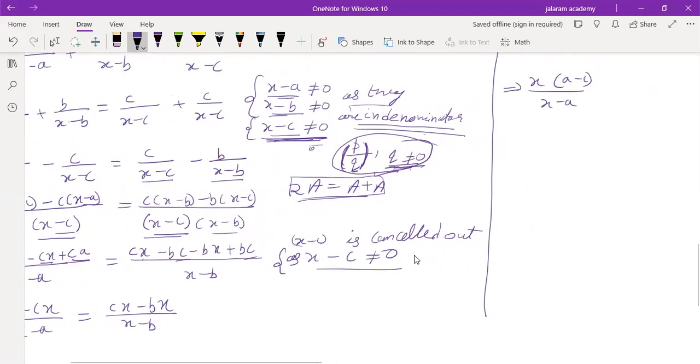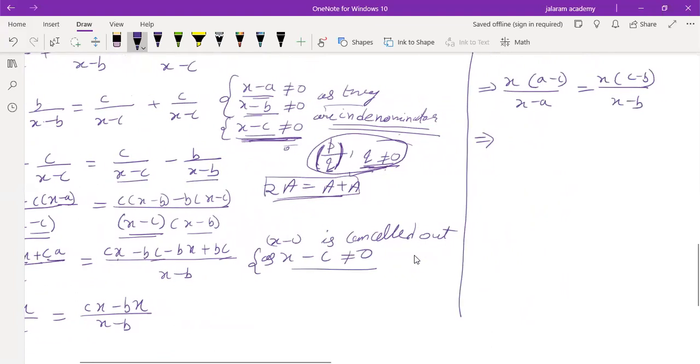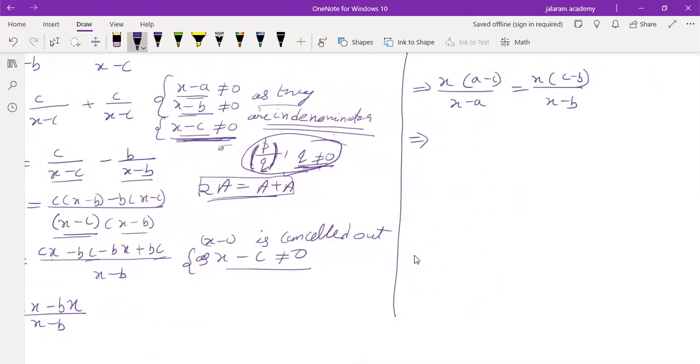Equals, on the right hand side also x is common in the numerator, into c minus b over x minus b. Now this time we cannot cancel x, as it is not given that it is non-zero, which means it can be zero also. Is that clear to you?